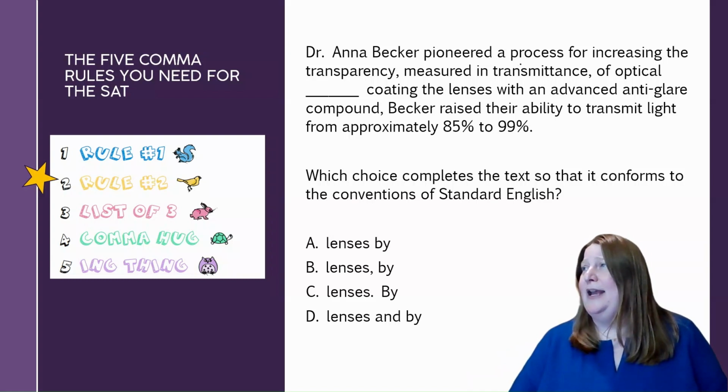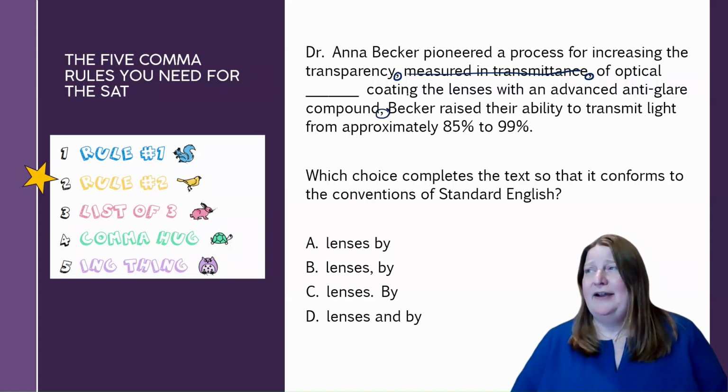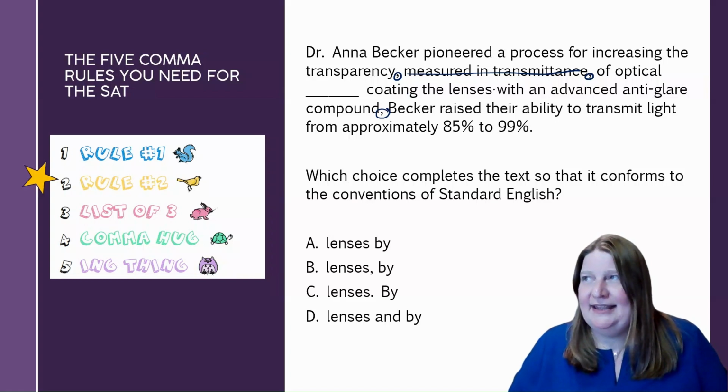"Dr. Anna Becker pioneered a process for increasing the transparency measured in transmittance." I'm not worried about that. That's just a comma hug. "For increasing the transparency of optical lenses by coating the lenses with an advanced anti-glare compound." Now, if this were a period, it would be beautiful, right? But that is not a period, that's a comma.